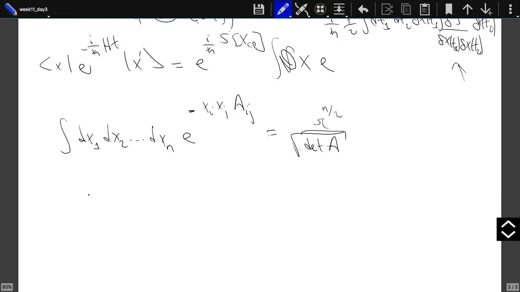Now you see, first of all, we can write this x_i x_j A_ij as x transpose A x, where this x is such a row matrix.